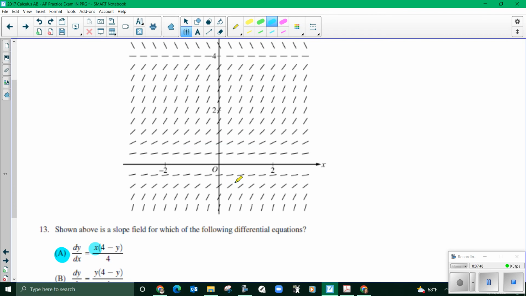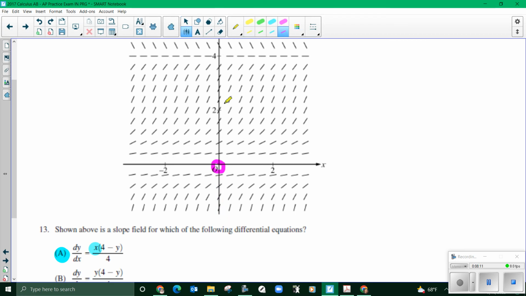I'm going to look at whenever X is 0. Anywhere on the y-axis would have an x value of 0. So I'm going to pick just any random point, the one that's obvious.